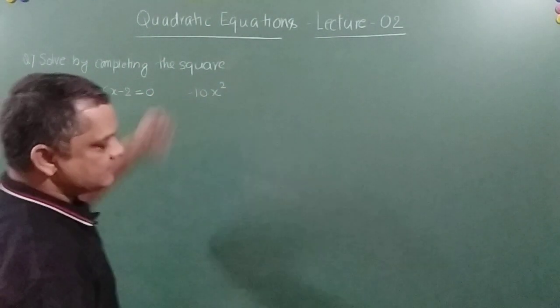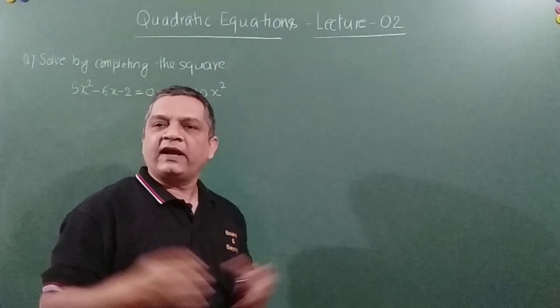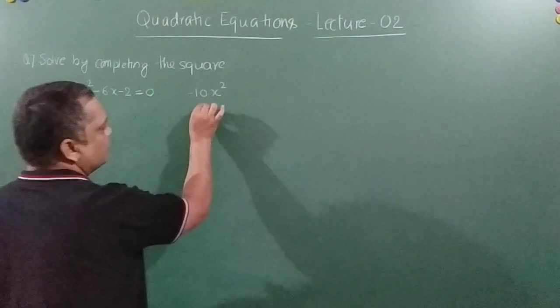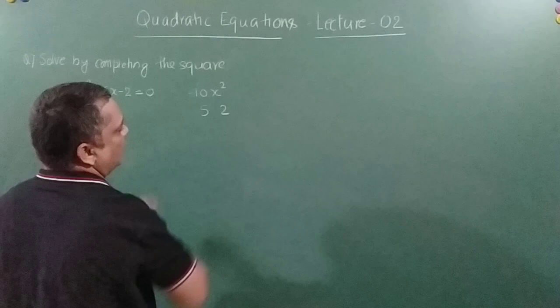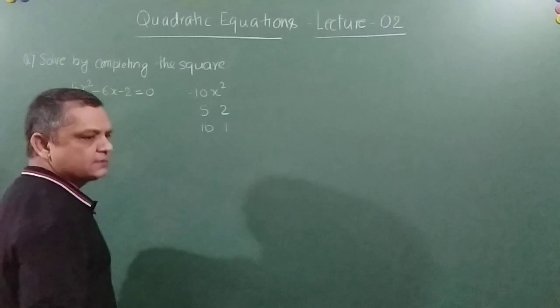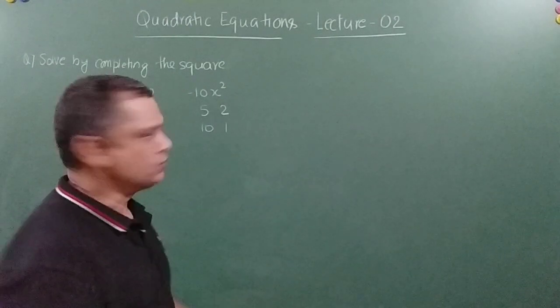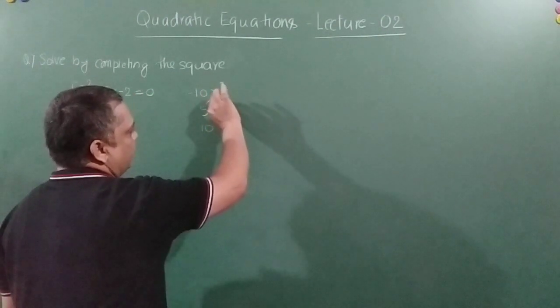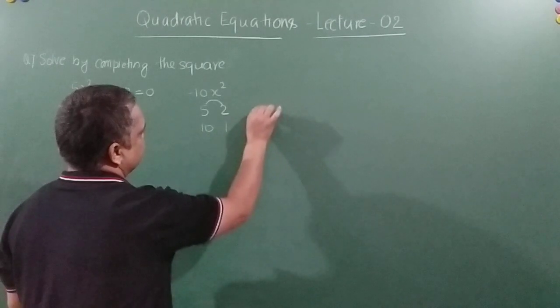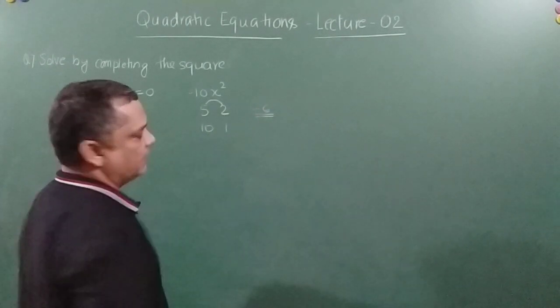Now minus 10, what are the different factors of minus 10, or 10 rather? It is 5 and 2, 10 and 1. Anything else? No, I don't think so. This will not give me minus 6 in any way, right?